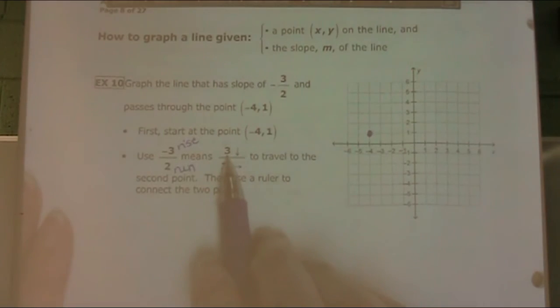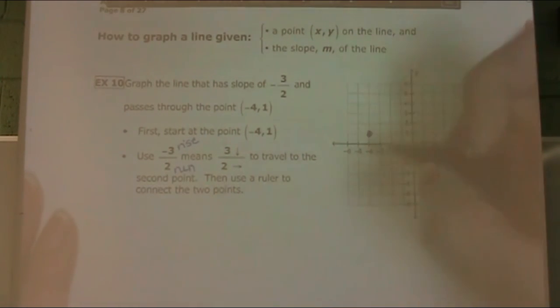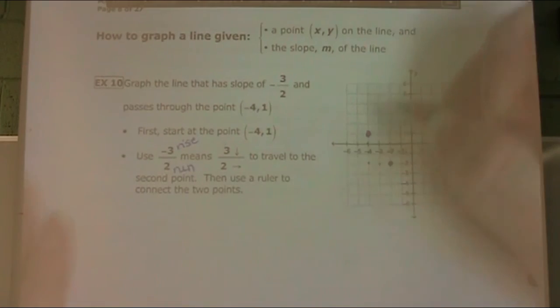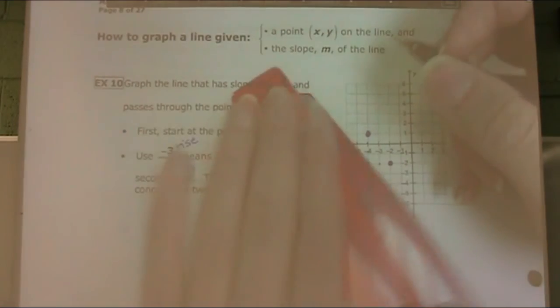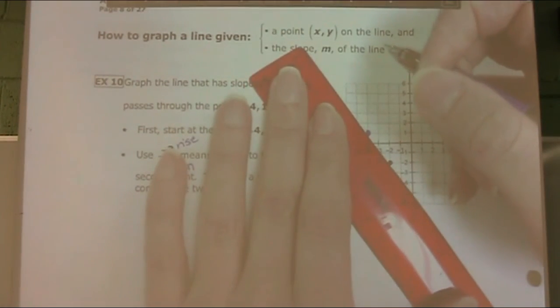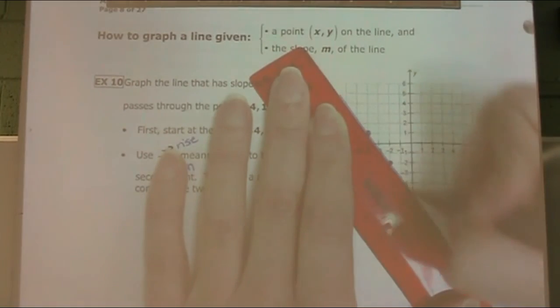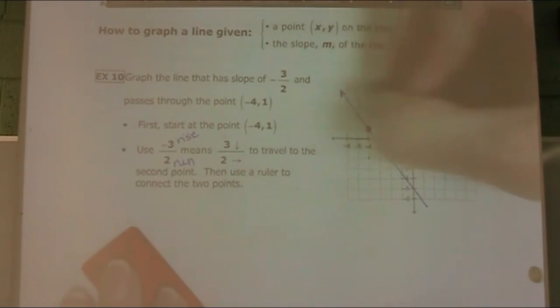Since it's negative, it's going to be 3 down. It always goes to the right. So you're going to go down 3, and you're going to go 2 to the right. And we're going to use a ruler to draw our line.